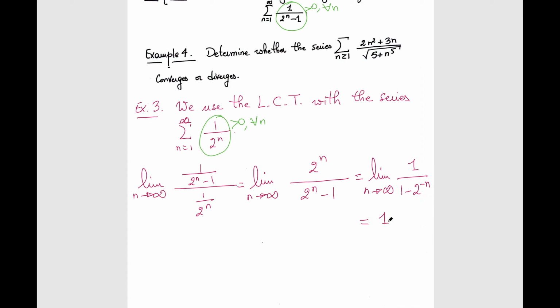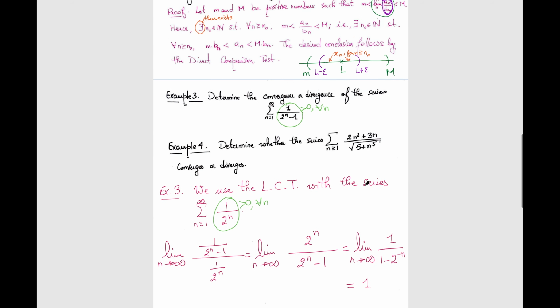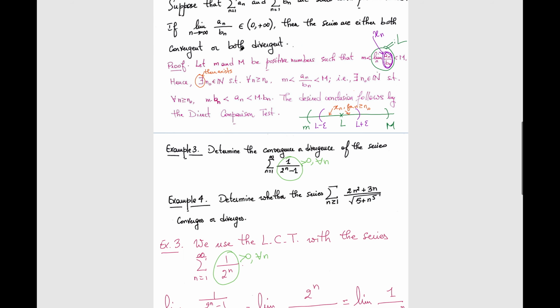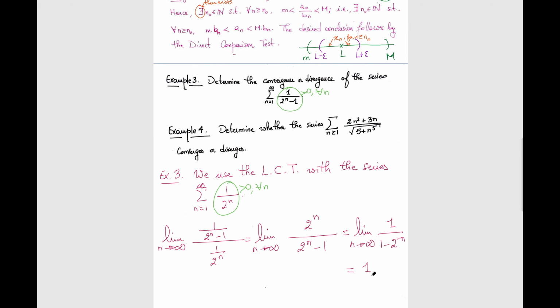Correct? And hence that whole thing is going to go to 1 over 1, which is 1. Okay? The limit comparison test tells me if this number is positive and finite, and this number turns out to be 1. Certainly this is between 0 and infinity.